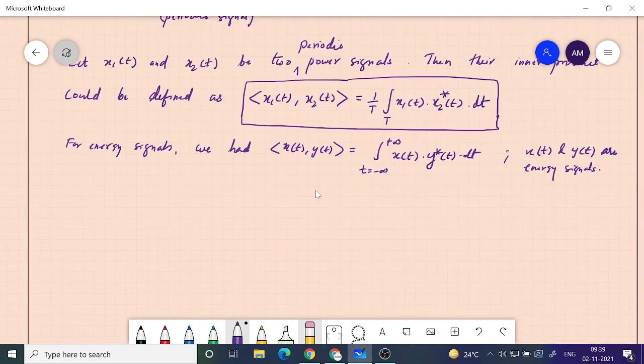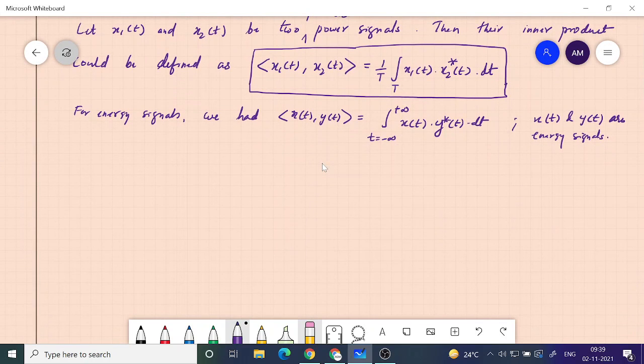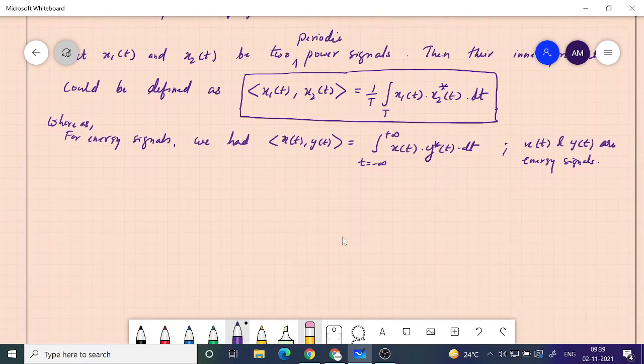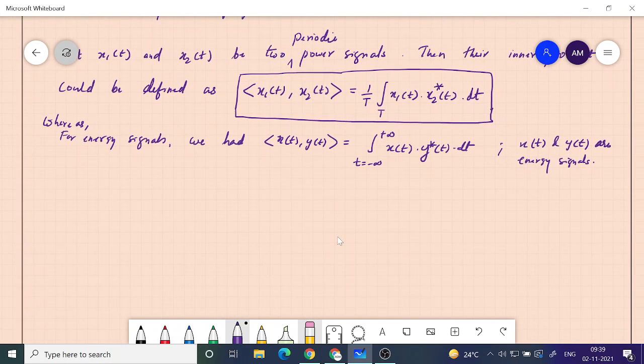So the earlier one was yesterday's, whereas this is the present definition. Using it, we can talk about all the things that we did earlier. We can talk about an orthogonal set. So now we are going to consider an orthogonal set of power signals.